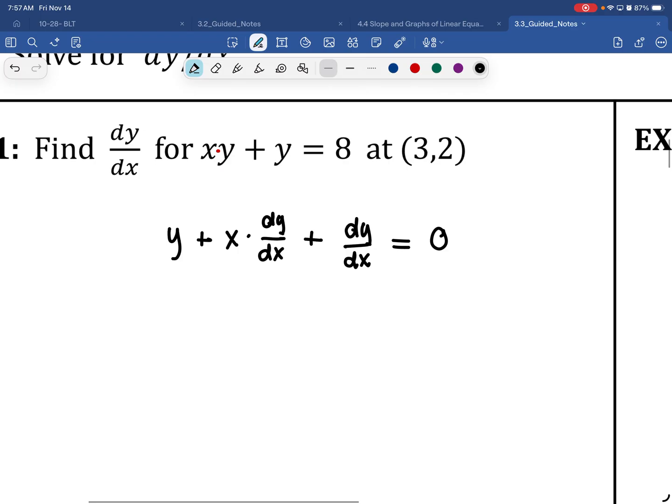Instead, I'm just going to rearrange this equation. I'm going to move this y to the other side of the equal because it doesn't have a dy dx on it. All the dy dx is on one side, everything else on the other side of the equal. So you end up with x times dy dx.